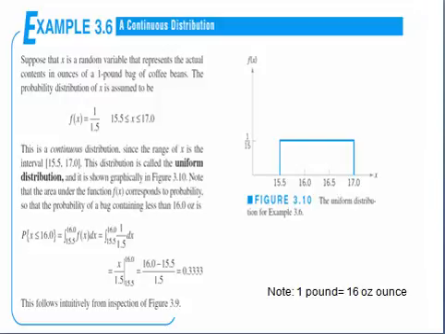So instead of minus infinity, I can use 15.5, and x here, which is 1 pound, is 16. I plug in the value here, and because 1.5 is a constant, I just take it out of my integration, and the answer comes out to be 0.333. So the probability of a bag containing less than 16.0 ounces is 0.333.